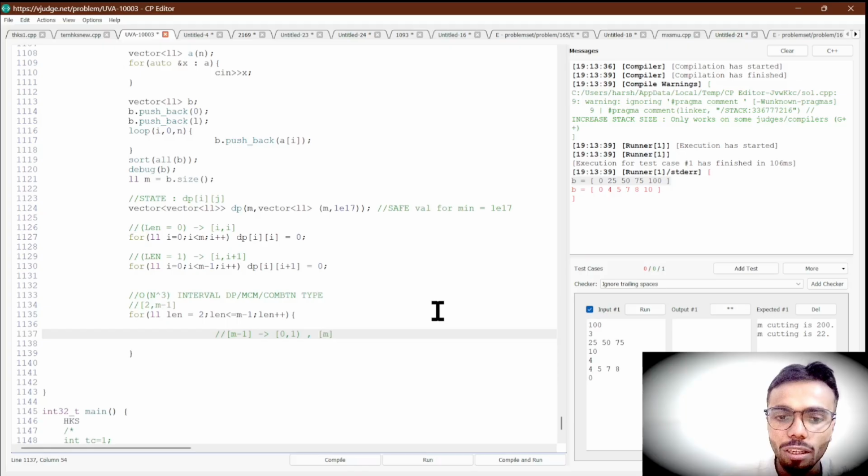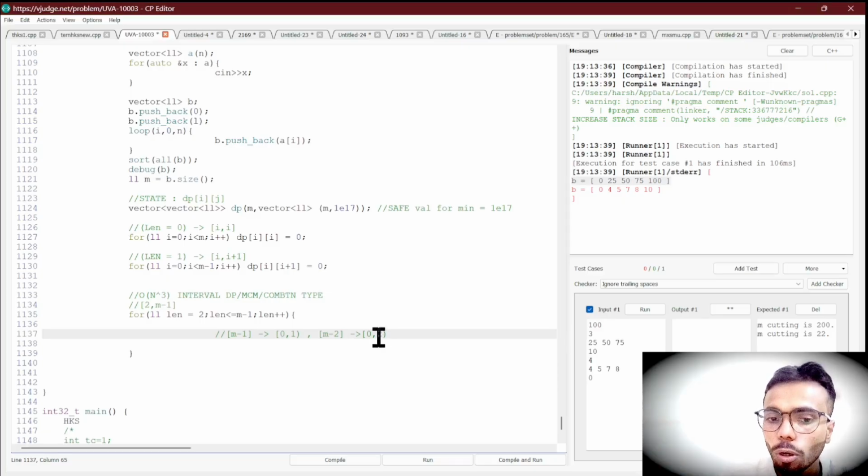Similarly, if I have a length m minus 2, then it will go for 0, and is 2 included? No. One of the segments could be 0 up to index m minus 2, another is the segment of 1 to m minus 1. It will take a total of m minus 1 coordinates.